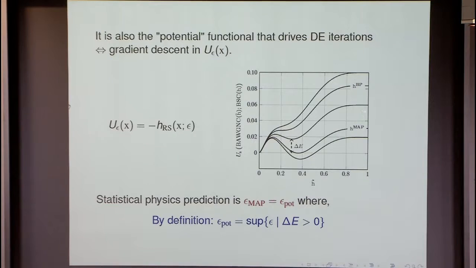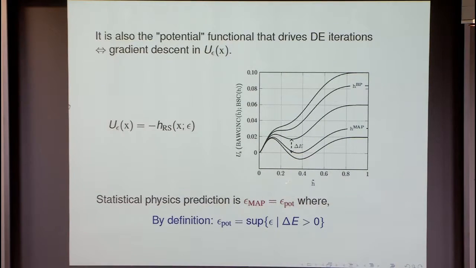And the MAP threshold corresponds to the situation where the minimum jumps discontinuously from here to here. So it's exactly the situation where epsilon is such that this family of curves varies such that when epsilon equals epsilon MAP, this curve touches exactly the horizontal axis and the two minima are equal.